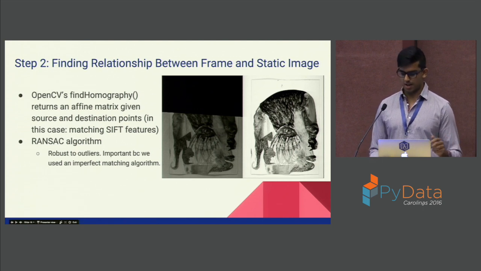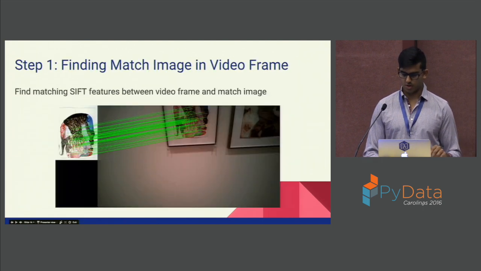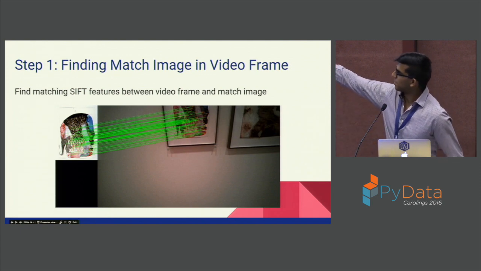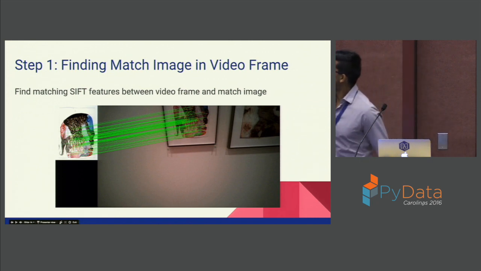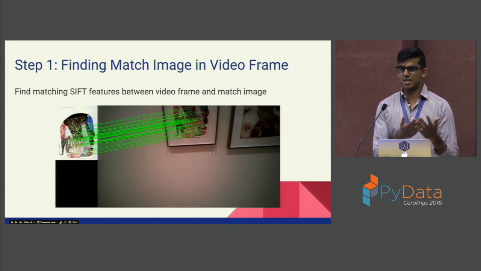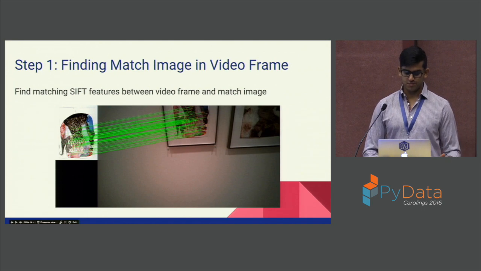So if I go back here really quickly, most of these look like they're fitting pretty well, but let's say you have one that just matches this corner over here. That would be an outlier because it's not the same affine transformation as the rest of the points.